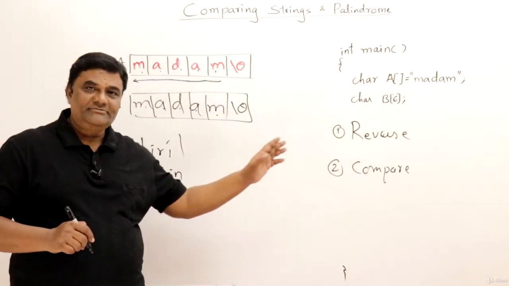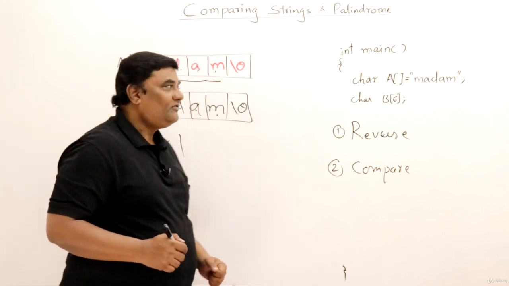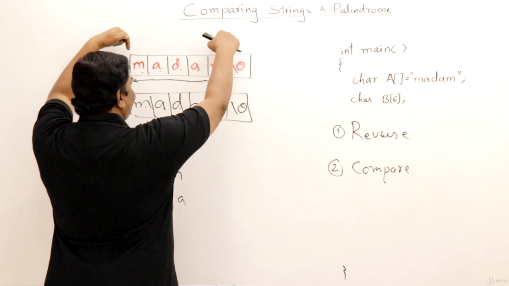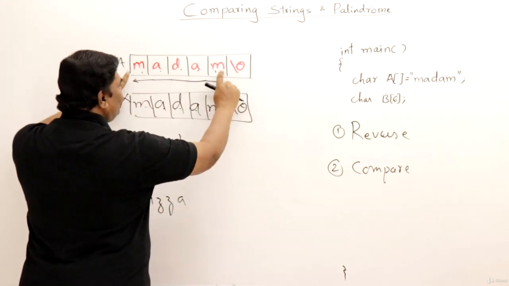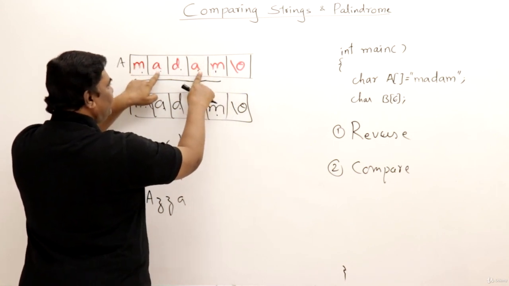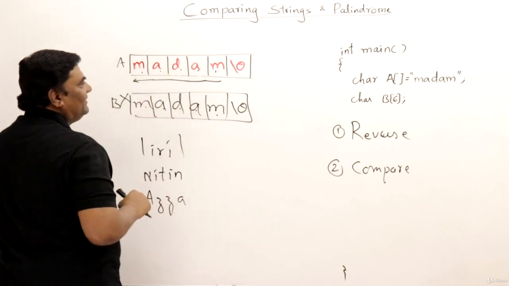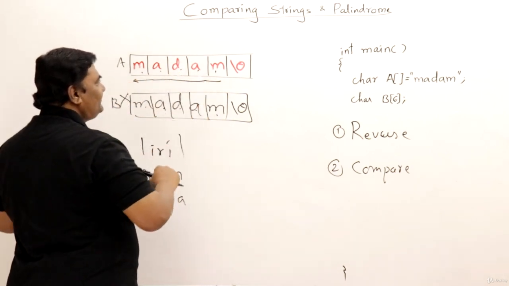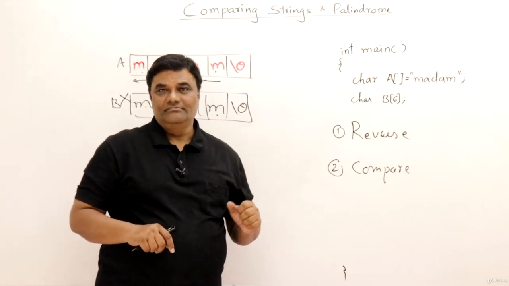Now one more thing. I have shown you this one method. Now is there any other way possible? Yes. How? You can compare the same string, you don't need another array. In the same string, start from here and here. Compare. They are equal. So increment and decrement. They are equal. Increment and decrement. This is the same only. So stop. If anywhere it doesn't match, then say that it is not a palindrome.